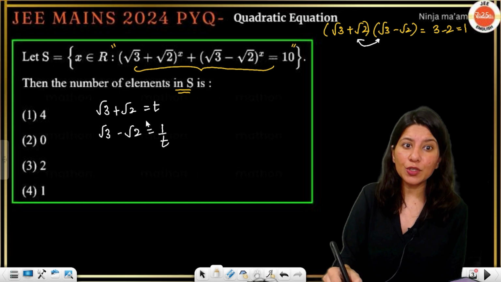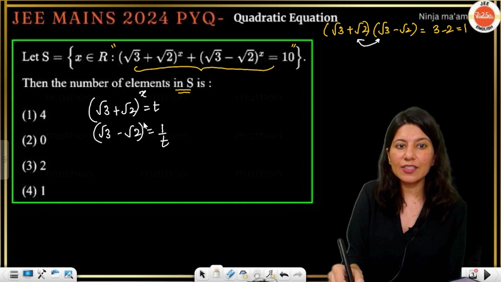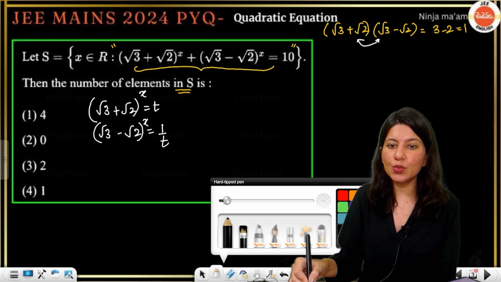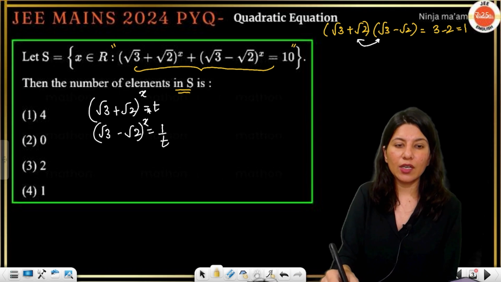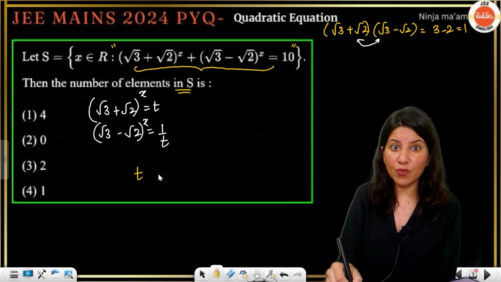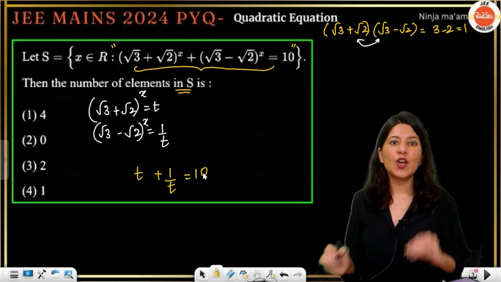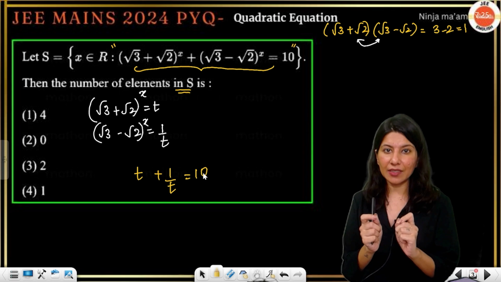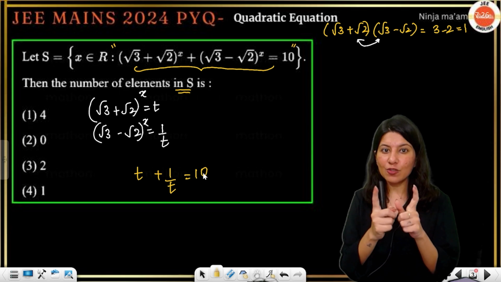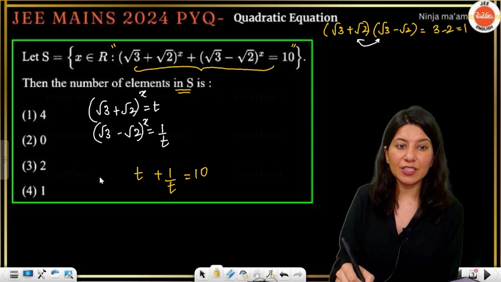Also, if you take this raised to power x as t, then the other one raised to power x will become 1 by t. So let's get rid of this square root so that finally we can reduce it. The overall equation will become t plus 1 by t equals 10. Now, the original equation looked a little bit tricky and not good, but I have just written down this equation.